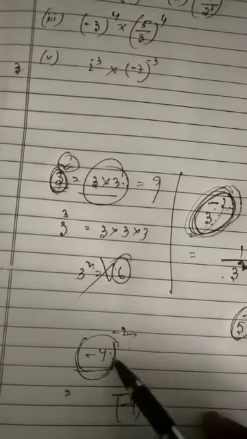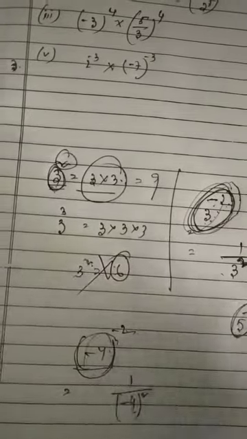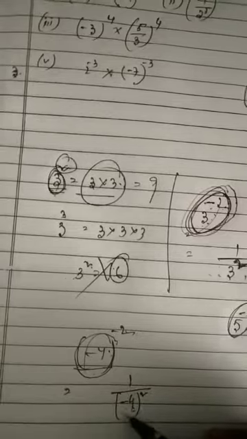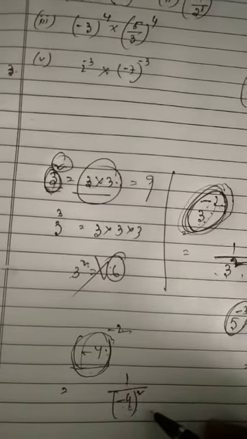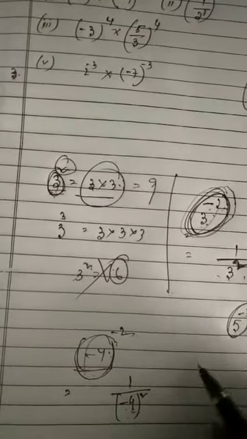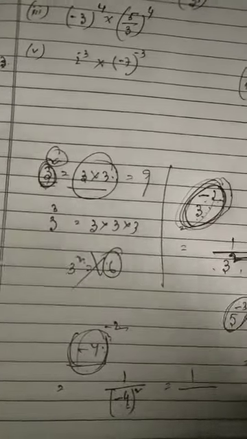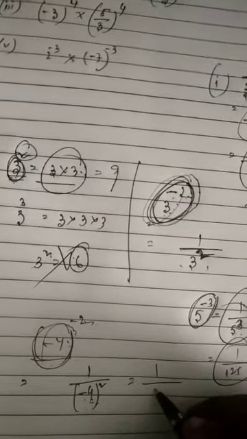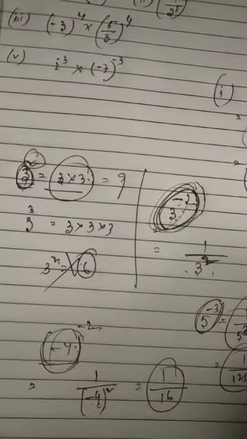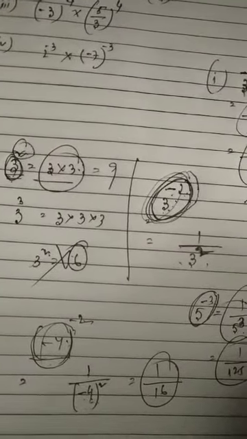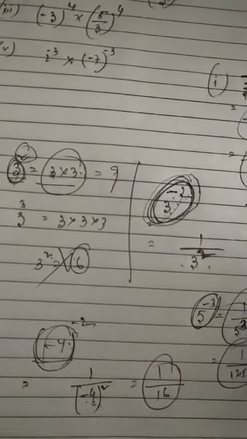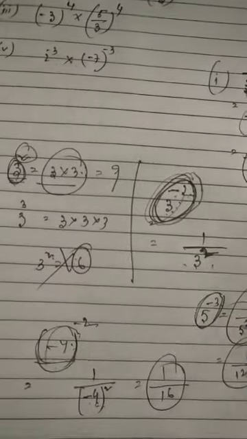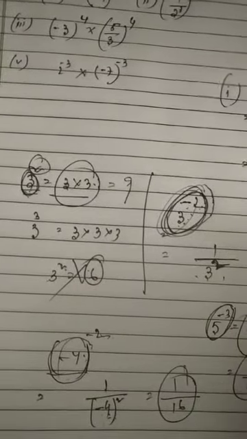As it was minus 4 whole to the power minus 2, the moment I bring it down to the denominator, it becomes 1 by minus 4 square. Minus 4 into minus 4 is plus 16. So I'll write 1 by 16, because if I multiply minus 4 twice, minus 4 into minus 4 is plus 16.